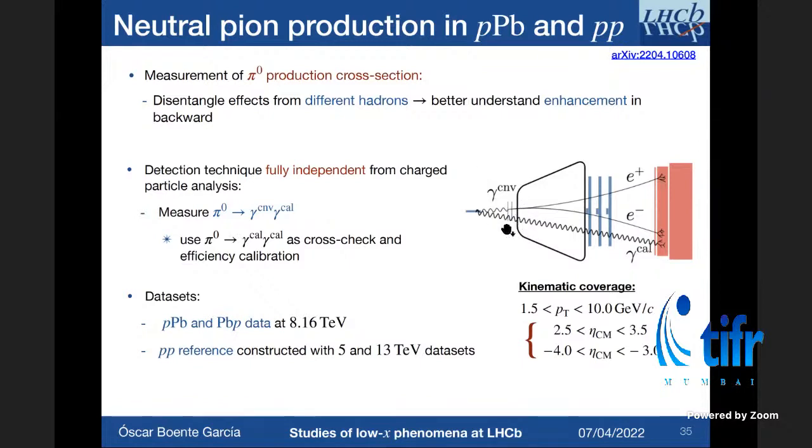So basically, the photon converts, and the tracking system detects this electron-positron pair. This gives us much better momentum resolution, but the statistics is lower, but this measurement is not limited by statistics. So we use these data sets here for pPb and pp. The energy of the pp reference is not the same, so we will need to do an interpolation, as you will see.